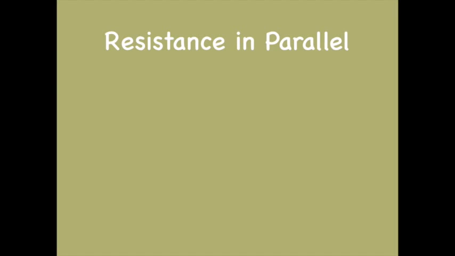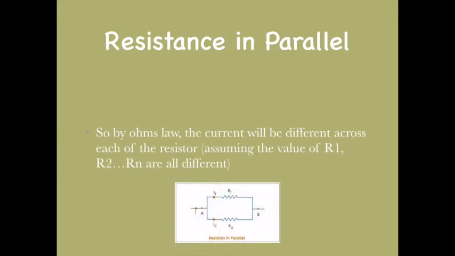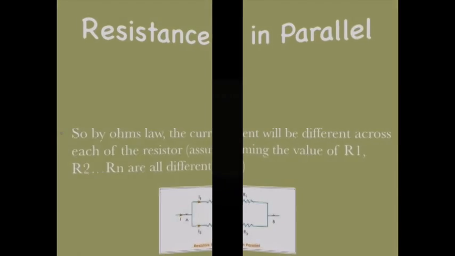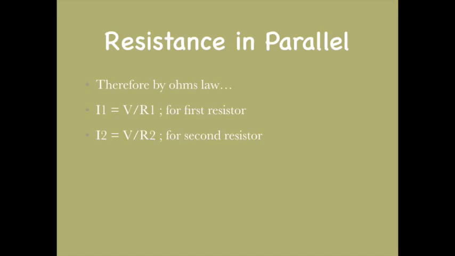So by Ohm's law, the current will be different across each of the resistors. Hence, if we proceed mathematically by Ohm's law, the current in the first resistor will be this, and the second one it will be this. Similarly, in the sixth one it will be this, and so on.